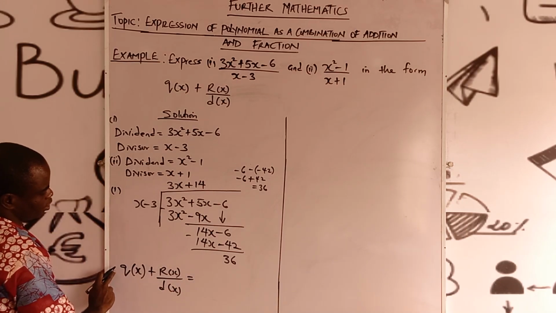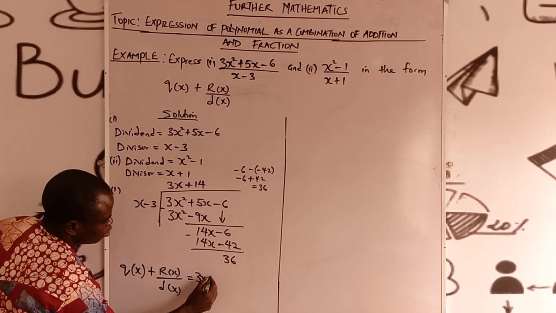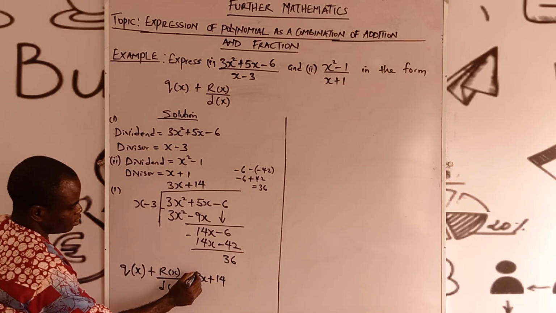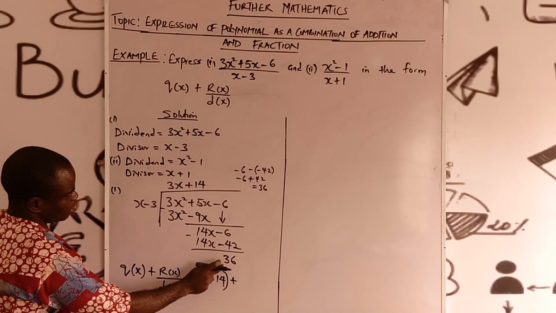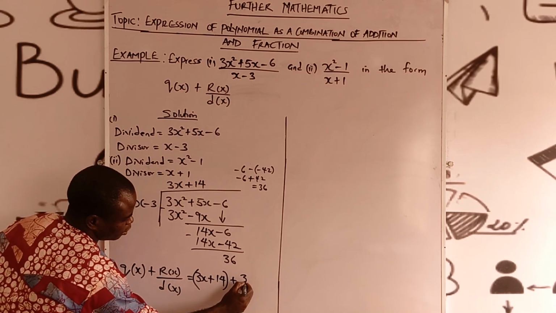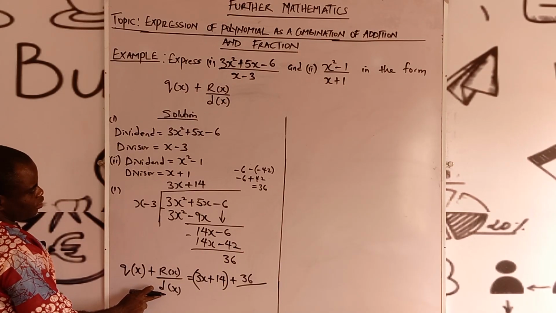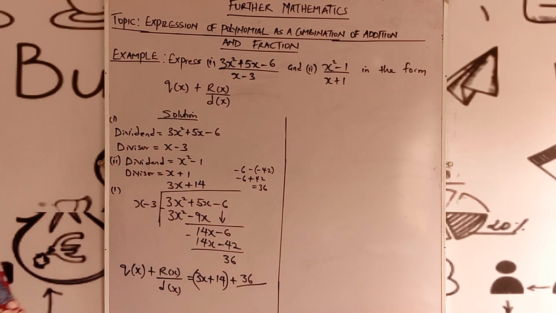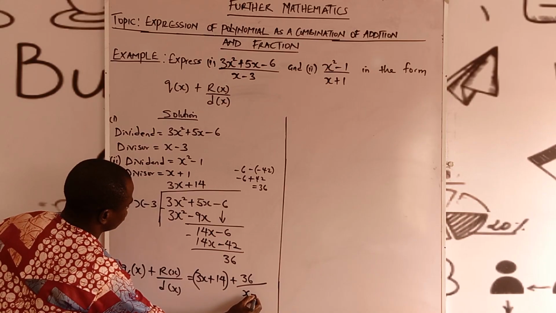What is Q(x)? This is the quotient, 3x plus 14, plus the remainder, that's 36, over the divisor x minus 3.